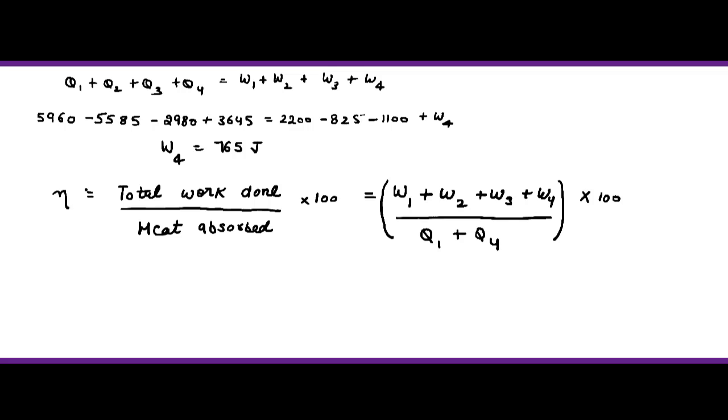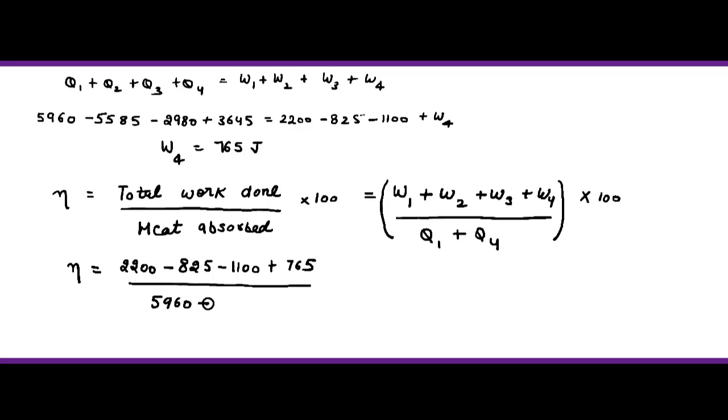Now putting the values, I get eta as W1 is 2200, W2 is minus 825, W3 is minus 1100, W4 I have calculated 765, divided by Q1 plus Q4. Now Q1 is 5960 plus 3645.